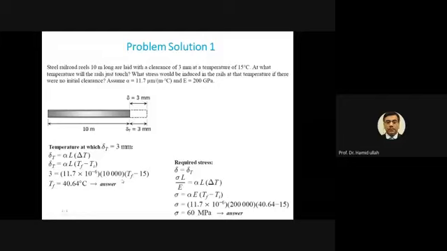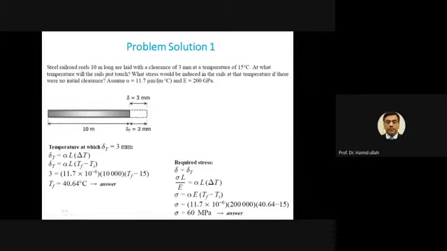So this only one equation will give you the temperature. So the final temperature is this much. What is the meaning of this? This means that if you increase the temperature up to 40.64 degree Celsius, then the body will be in the position to expand, and it will be able to cover this much gap, which is how much? 3 mm. This was the first part.